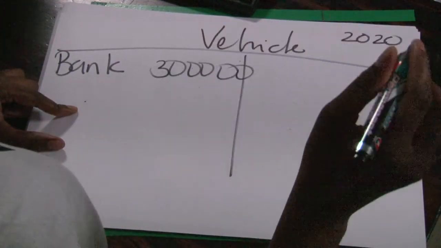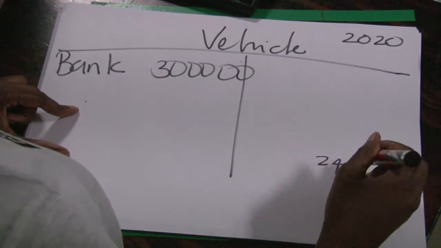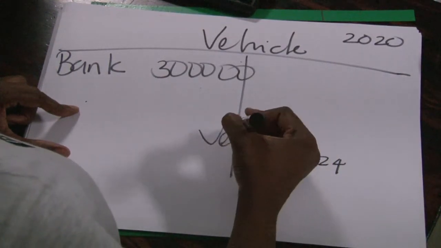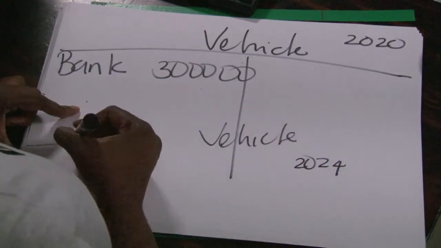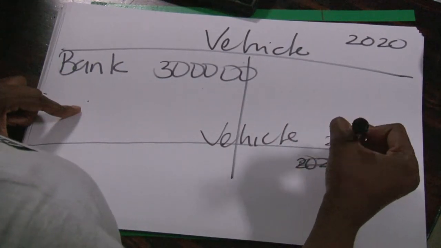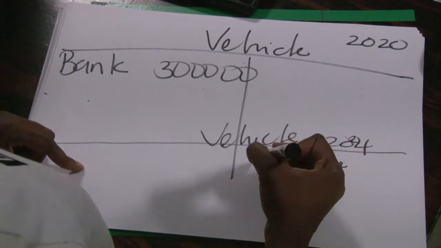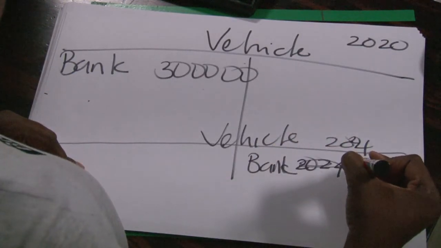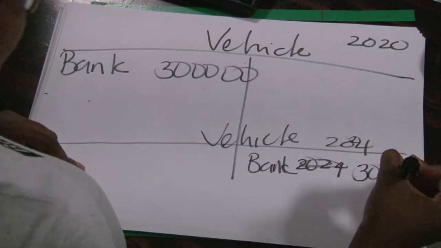Now in 2024, when we are going to dispose of this vehicle, again we are going to say vehicle 2024, and we are going to say bank 300,000. Why on the credit side?